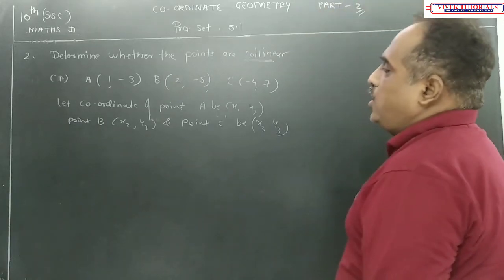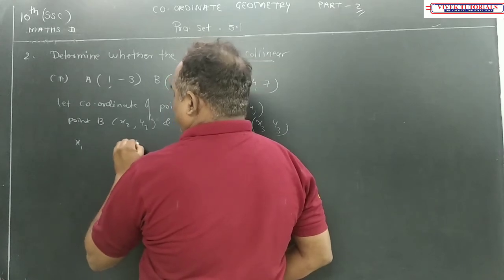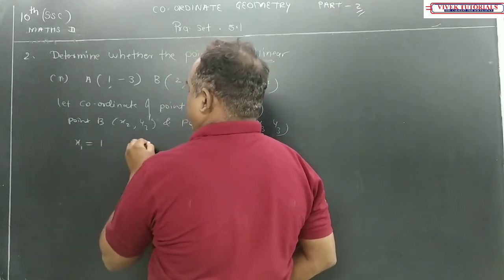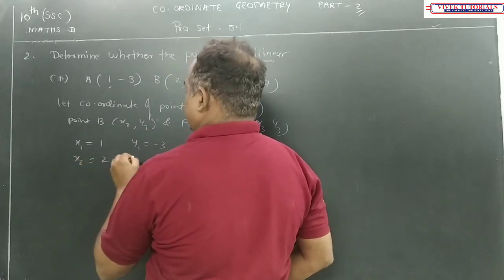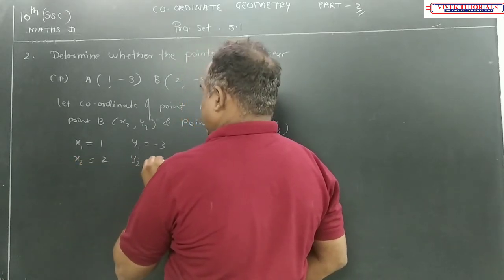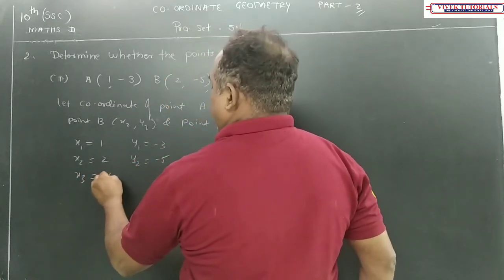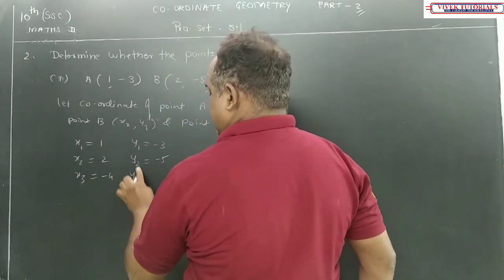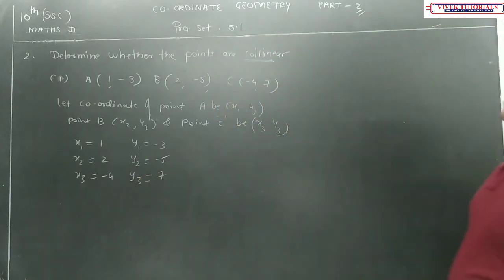Have you understood this now? So, what is the value of x1, y1? x1 is 1, y1 is minus 3, x2 is 2, y2 is minus 5, x3 is minus 4, and y3 is 7. You got it now?